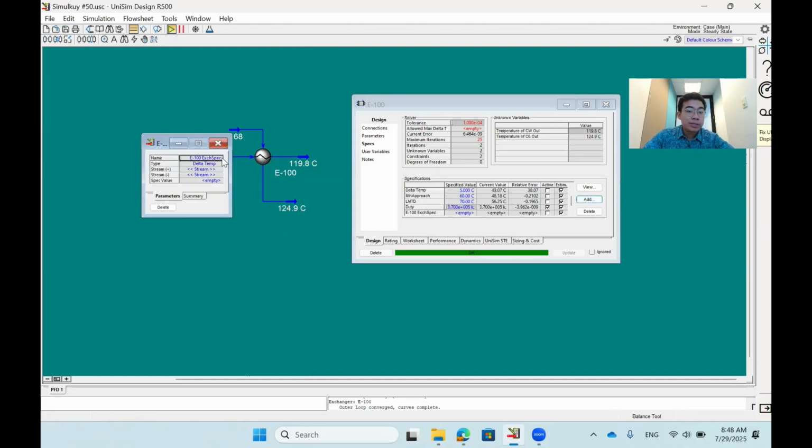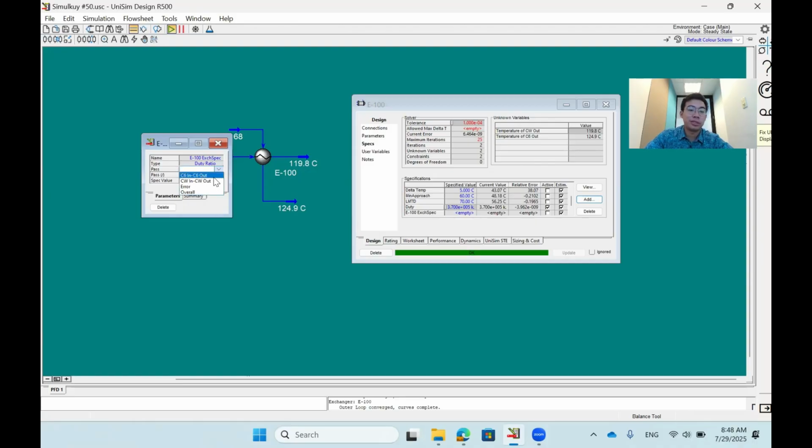The next thing is duty ratio. If you see here, we have several paths between the C6 in, C6 out, CW in, CW out, and duty. Duty ratio is related to those paths. Path watt divided by path watt should be how much?